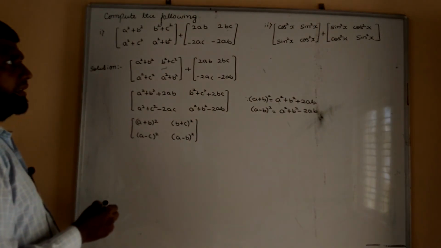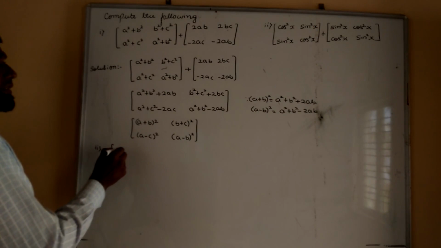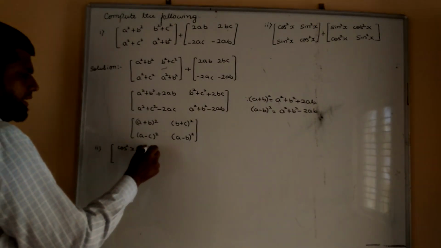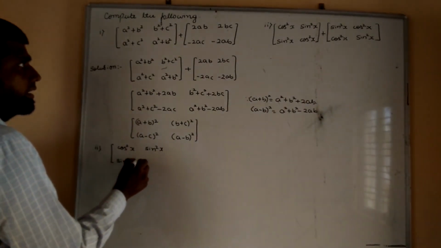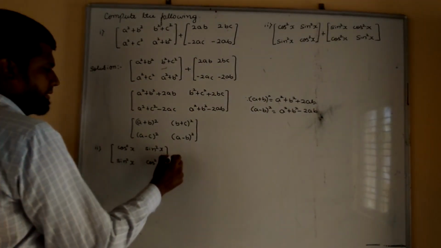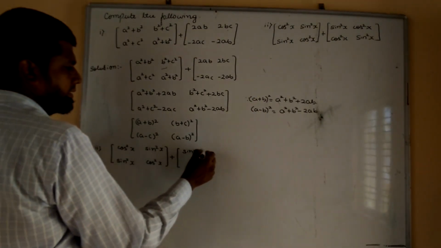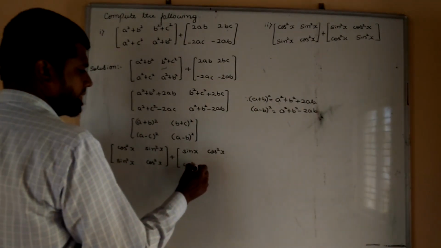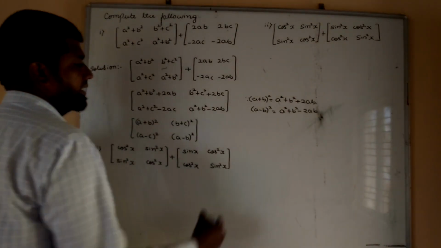Let us take the second one. What is the second question? The first matrix is cos square x, sin square x, sin square x, cos square x, plus sin square x, cos square x, cos square x, sin square x. He has given the two matrices, and in between the two matrices he has given the plus.